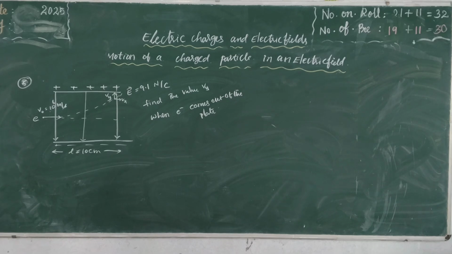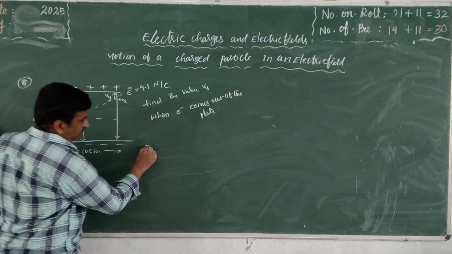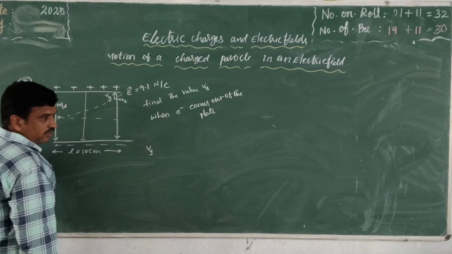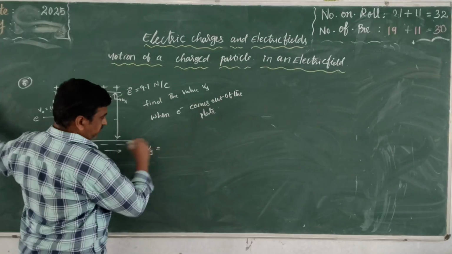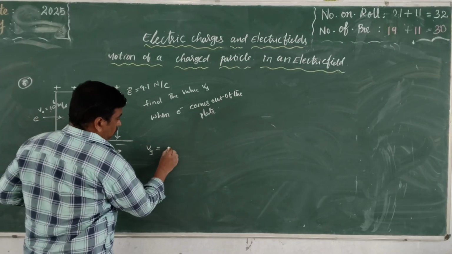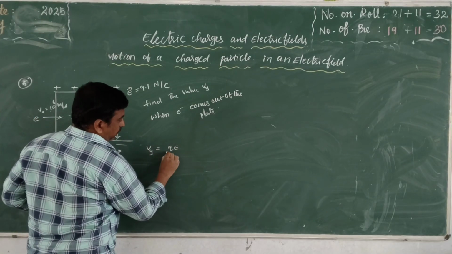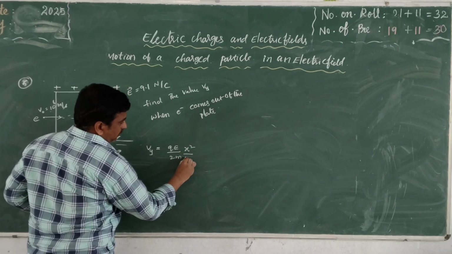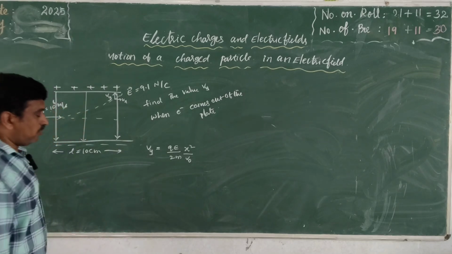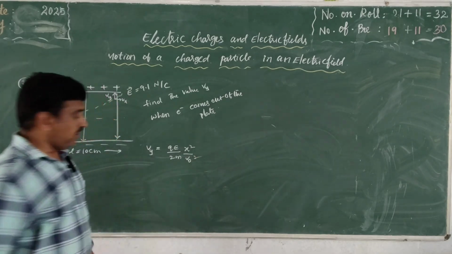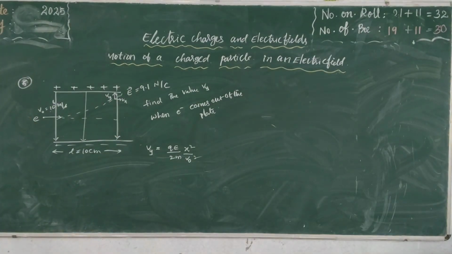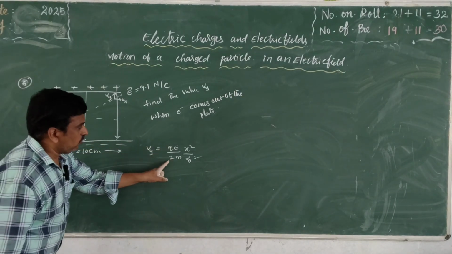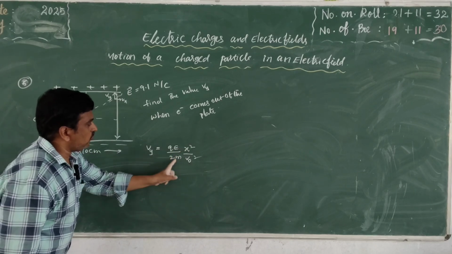For that, we already know the formula. The deflection y is qE x square by 2m V naught square.